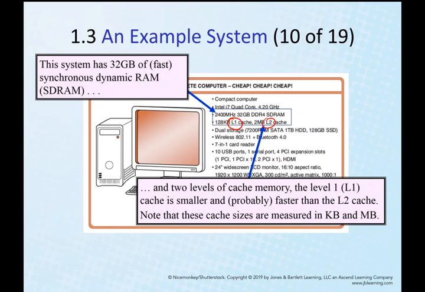We have two different levels of cache memory, which we will discuss later in the semester. Here it says that this processor has 128 kilobytes of L1 cache and 2 megabytes of L2 cache. These are the memories of this processor, main memory and cache memory.